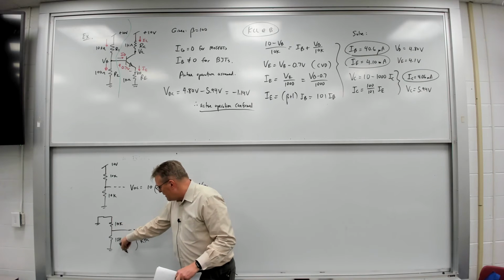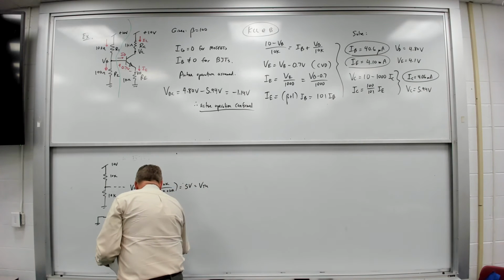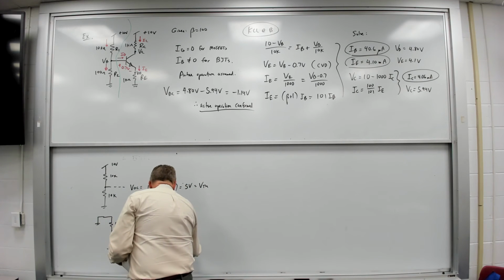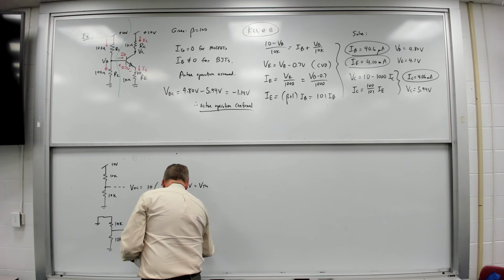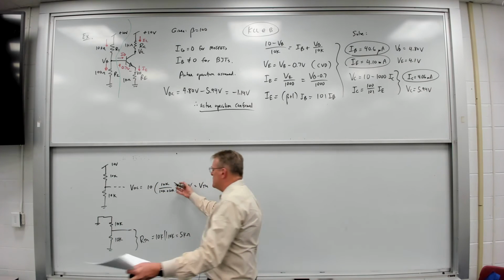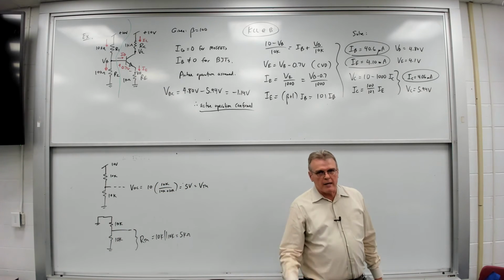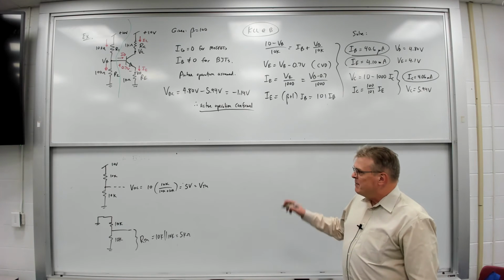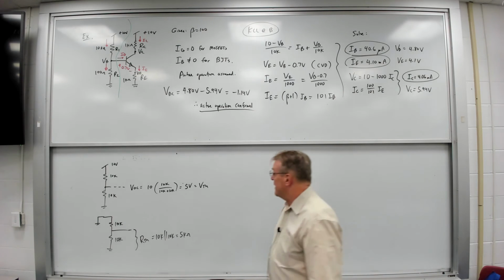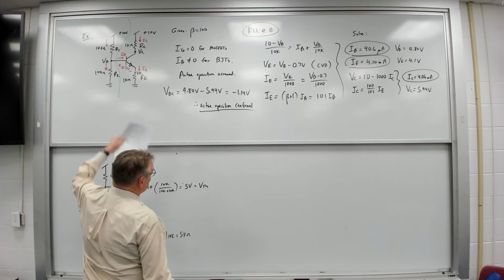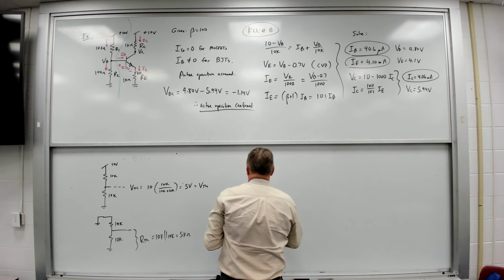Well, it's just 10K in parallel with 10K, and that will be equal to 5 kiloohms. So a very simple Thevenin equivalent circuit, right out of your first circuits course. But now I can apply this to that circuit I just drew, which is what I'm going to do.